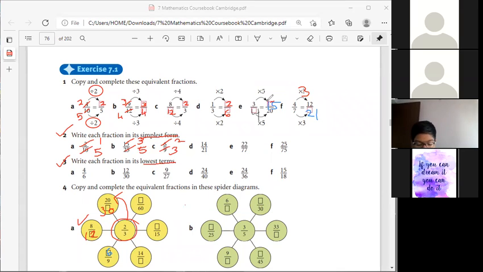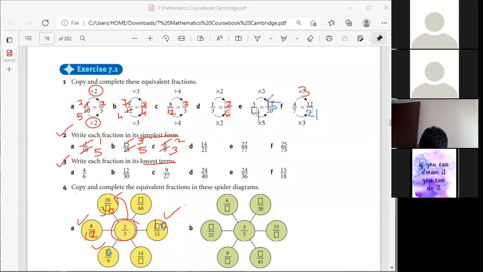Now look at this part here. 3, how many is going to be 15? 5. So 2 5s will be 10. Got it? Mohammed, you are also getting it? Now 3 3s is 9.